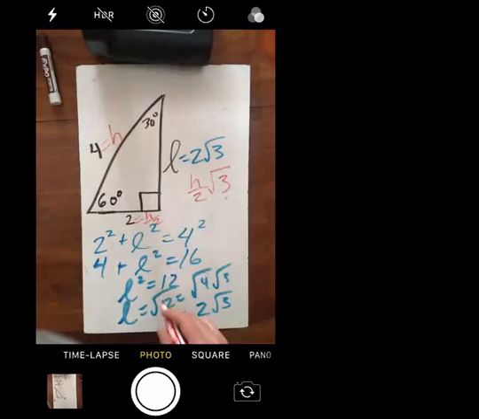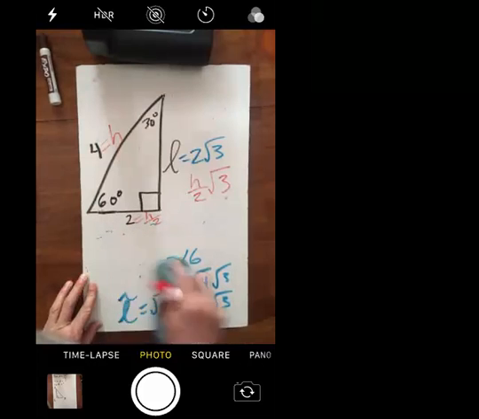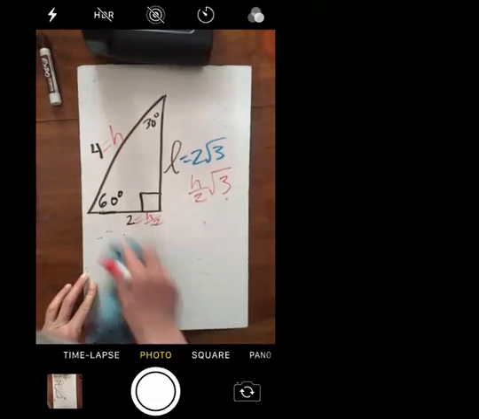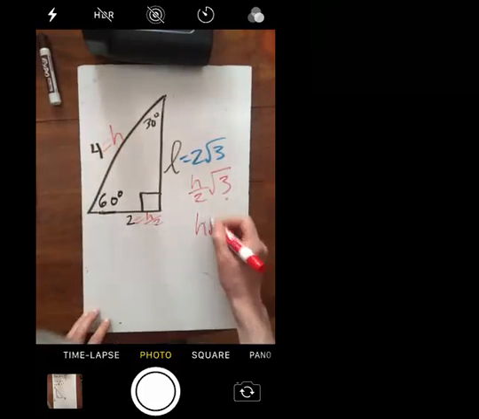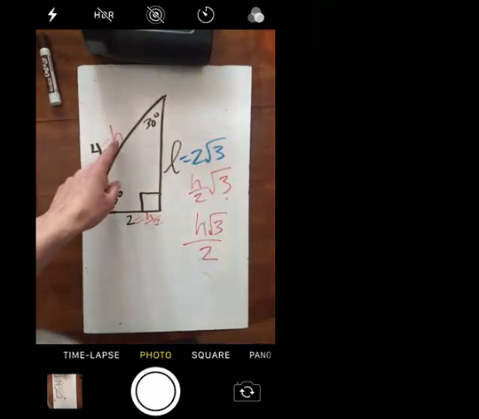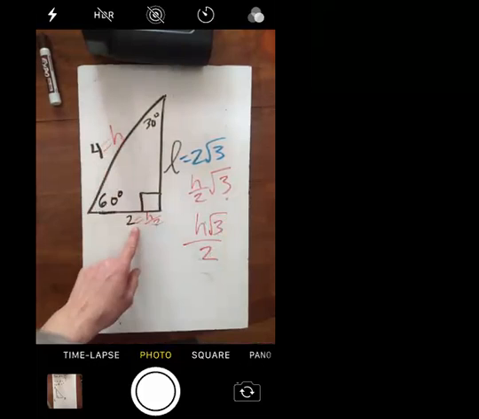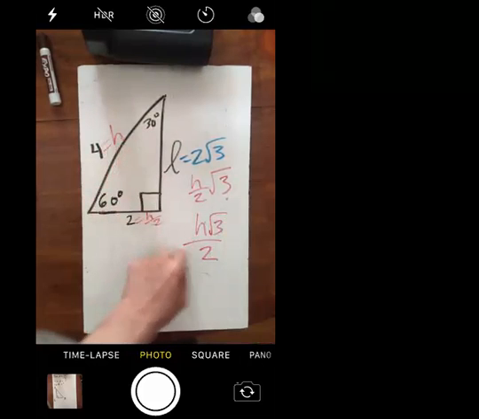Or if you prefer to write it as a fraction, that radical 3 is multiplying by H, so that radical 3 can go in the numerator. So this is the same as H radical 3 over 2. So this is telling us that whatever we have for the hypotenuse, we can divide that by 2 to get the short leg across from the 30 degrees. And we can take that and divide it by 2, but then multiply by radical 3 to get the long leg.